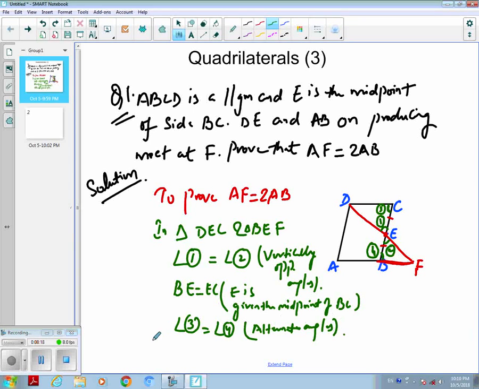Therefore, triangle DEC is congruent to triangle BEF by the angle side angle, ASA rule.